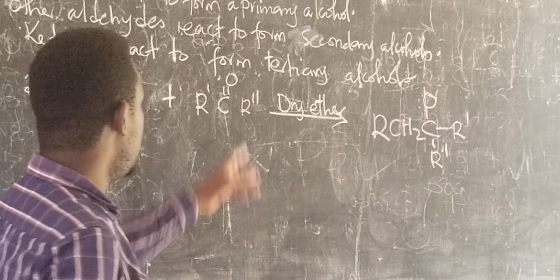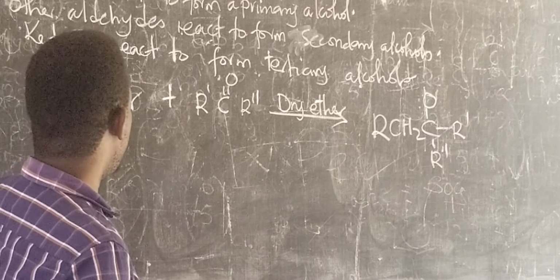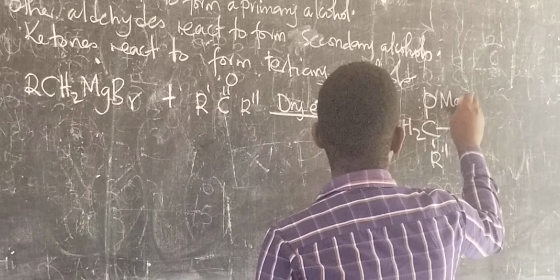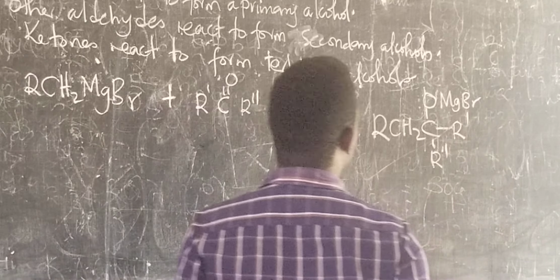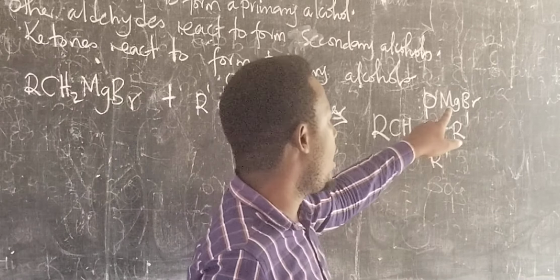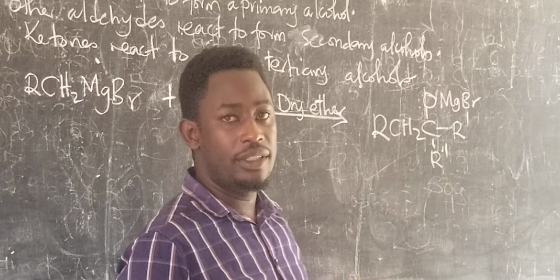Then the magnesium bromide is going to attach itself on the oxygen. Now if we do hydrolysis, the MgBr will be replaced by hydrogen, right?